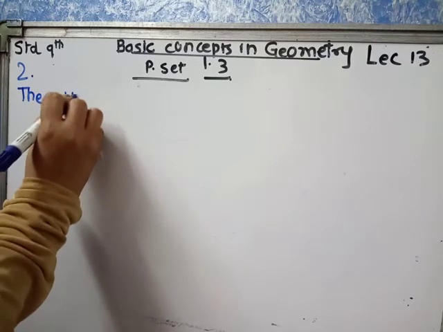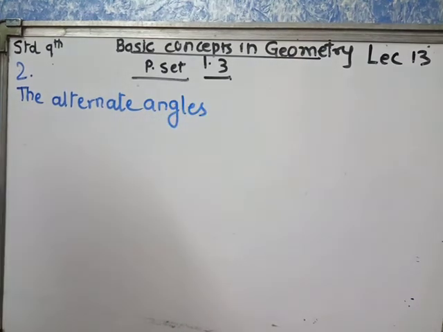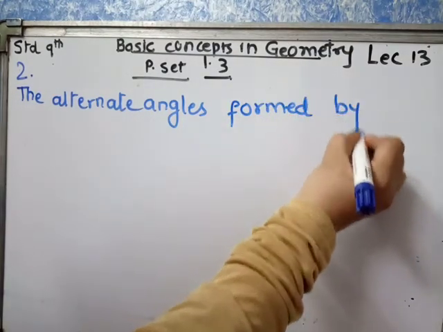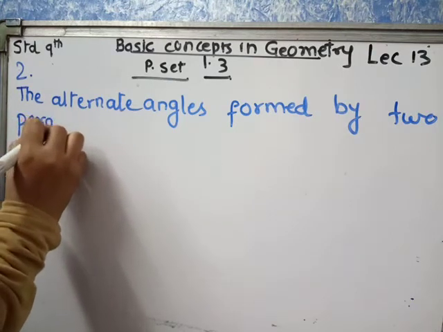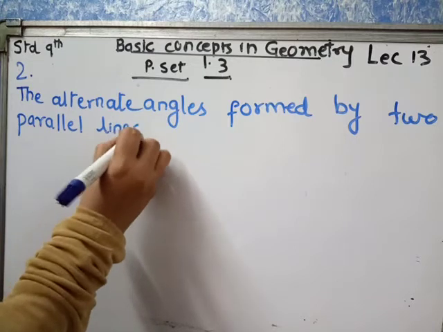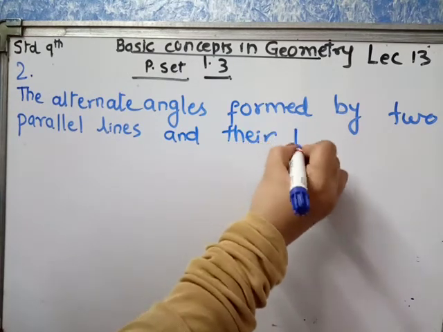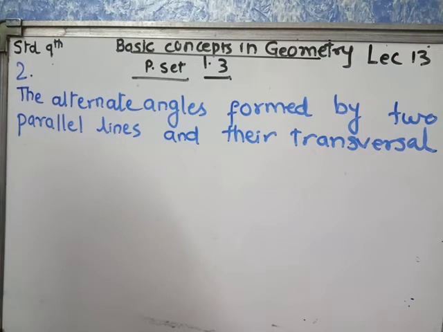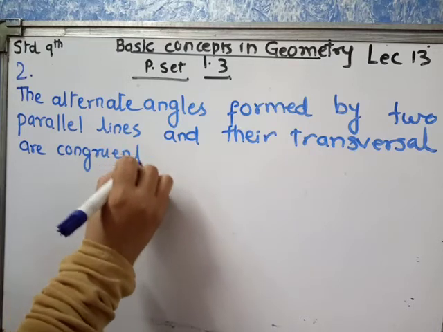The alternate angles formed by two parallel lines and their transversal are congruent.